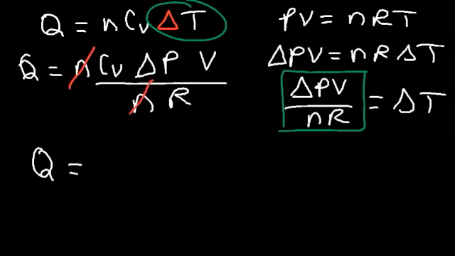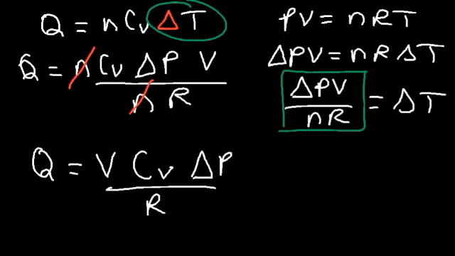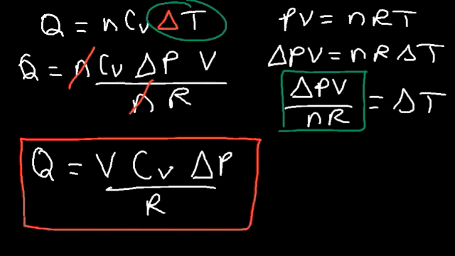So Q is equal to the volume times the molar heat capacity measured at constant volume times the change in pressure divided by R. So that's how you can find Q if you have an isochoric process and you're given the volume and the two different pressure values.